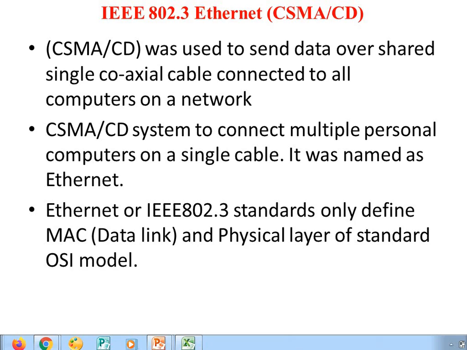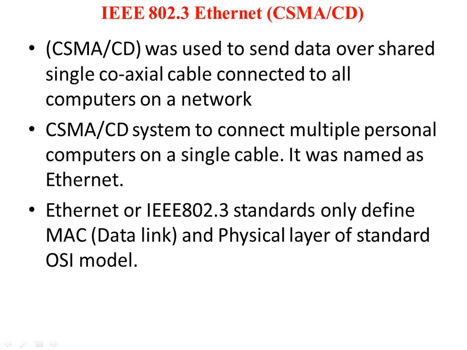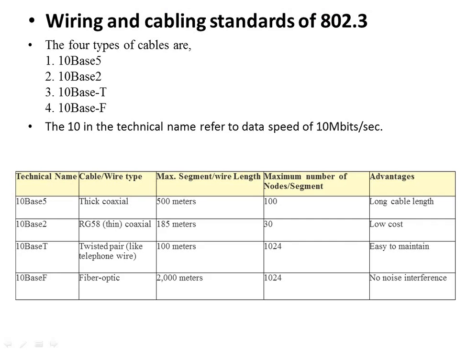We will be talking about the MAC layer, which is associated with the data link layer, and Ethernet is associated with the data link layer 802.3 and a physical layer standard of the OSI model. Okay, so this is the topic we are going to discuss, let us try to understand.